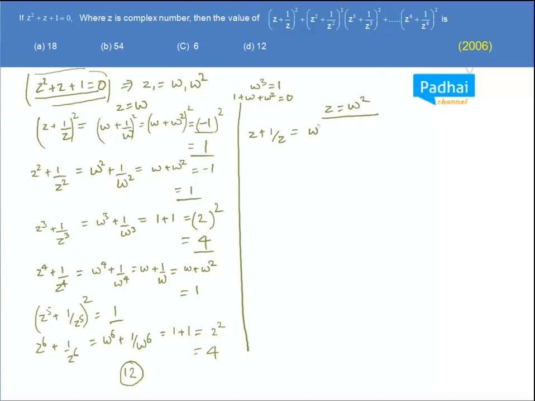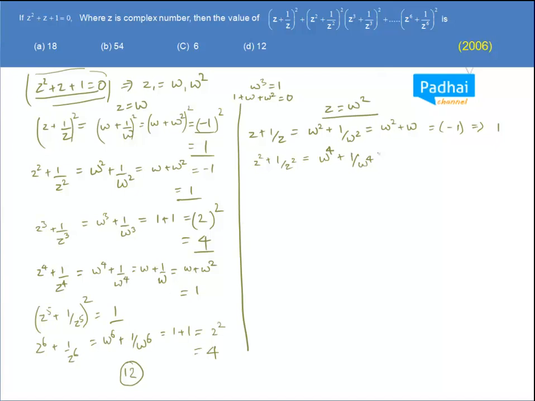It will be omega square + 1/omega square. Now 1/omega square will be omega only, because they are reciprocals of each other, as we know from the property. This will be minus 1, and squaring that we will get 1. Similarly, for z² + 1/z², this will be omega square + 1/omega⁴.